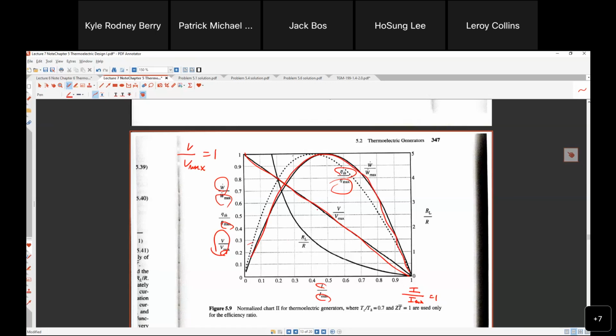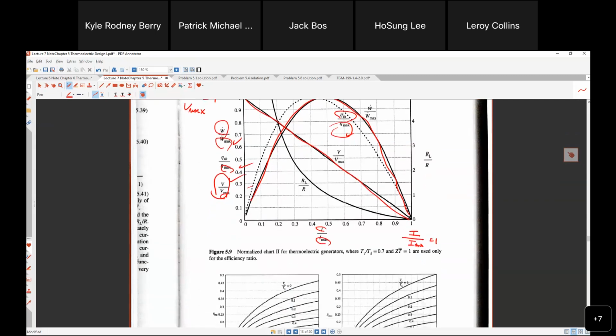The assumptions make a big difference. But if you know the maximum real value, you can figure out the actual value. That's something you have to practice.